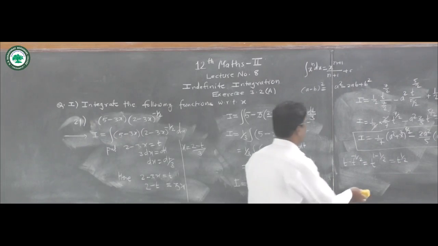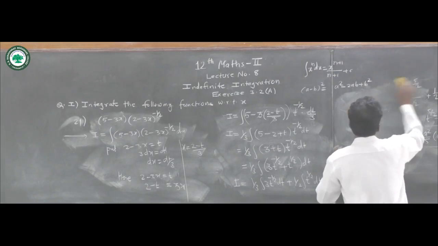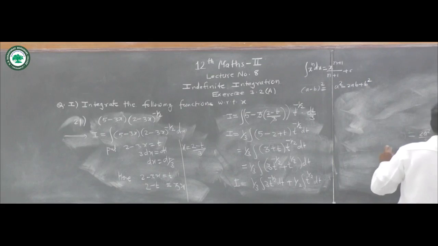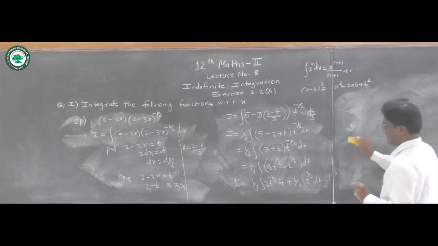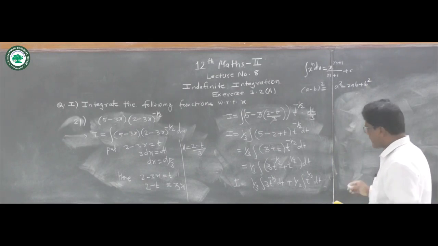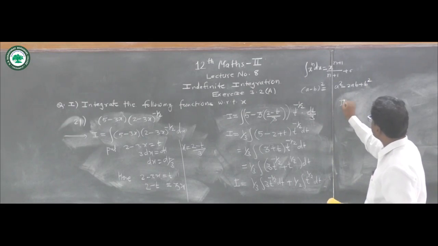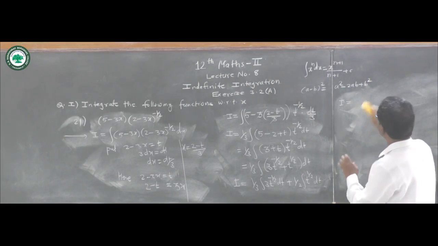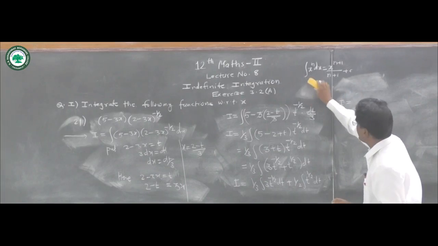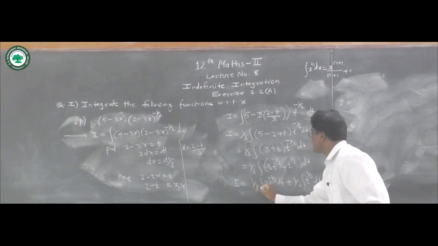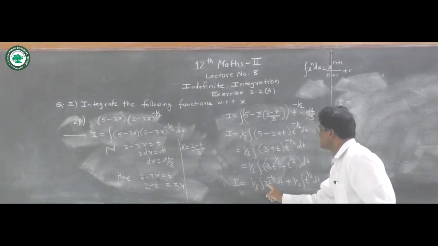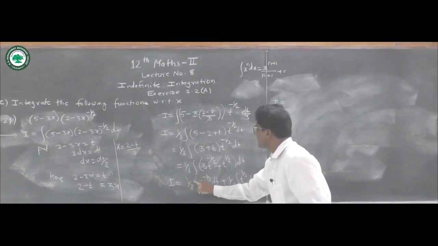So we get here the required integral I equal to 1 upon 3; this 1 upon 3 and 3 get cancelled. This 3 is constant, take it outside the integral and then 3 and 3 get cancelled.